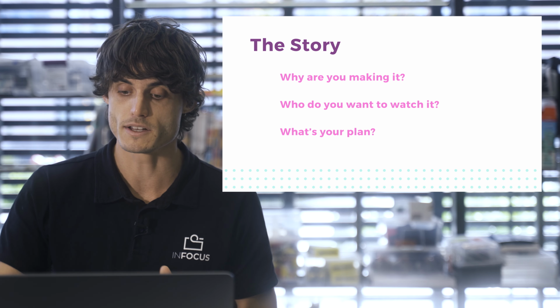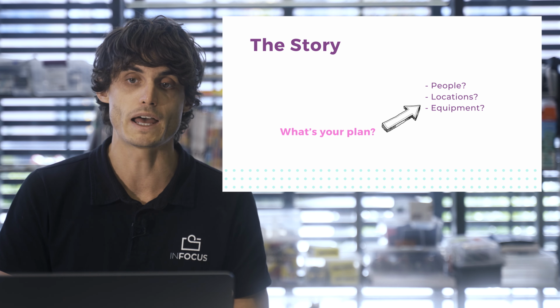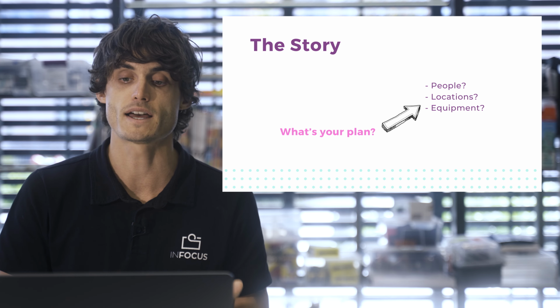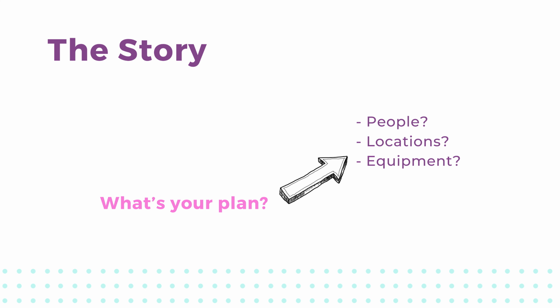But what I want to talk about is the last point there, what's your plan? And really this comes down to what equipment do we need, where can we film it, and who's going to be in it. If you can get these 3 things down to a formula, you know where you're going to go, you know what pieces of equipment you need, and you know who's going to do the reading.